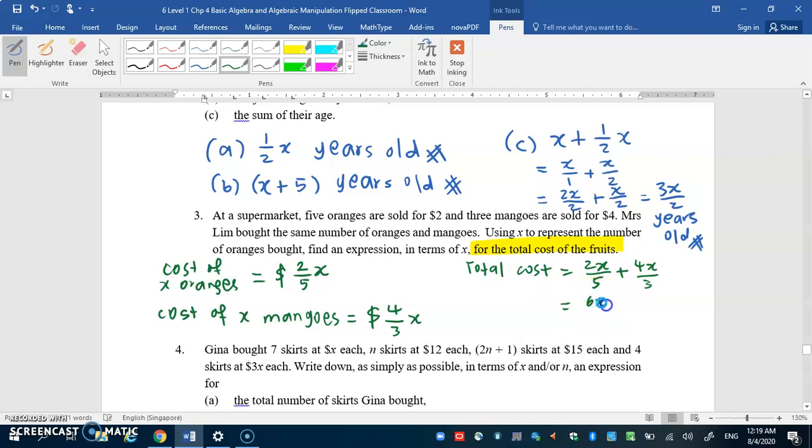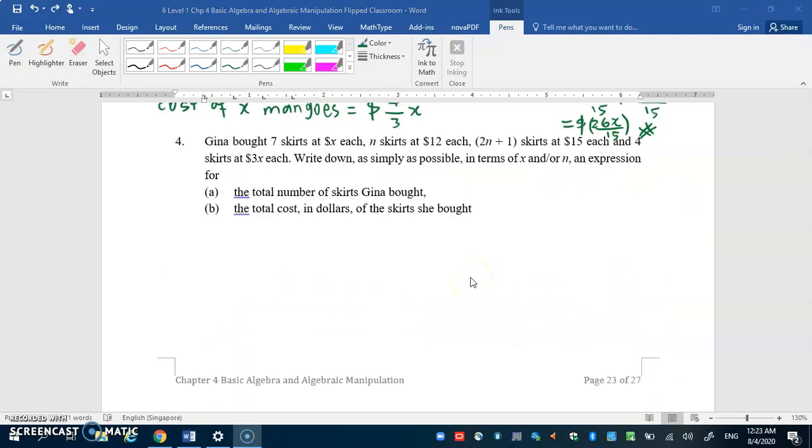So we have 6x over 15 plus 20x over 15 because we multiply by 3 and by 5. And the answer will be 26x over 15. Okay? Don't forget your units, so it will be $26x over 15. Okay, good. Let's move on to question 4.